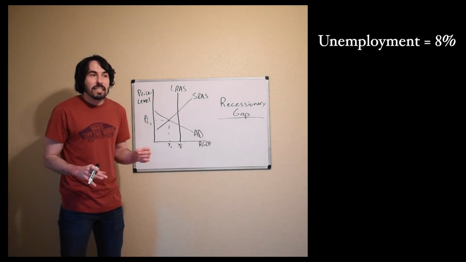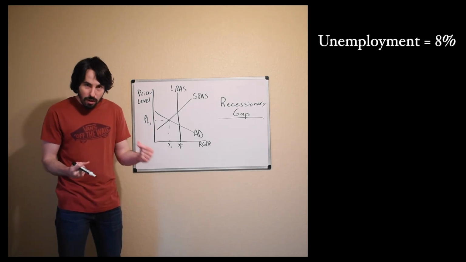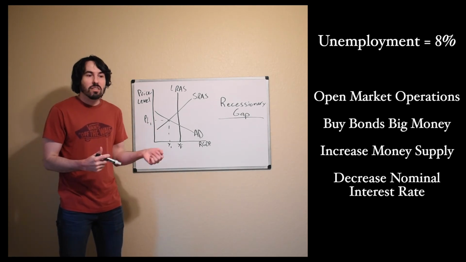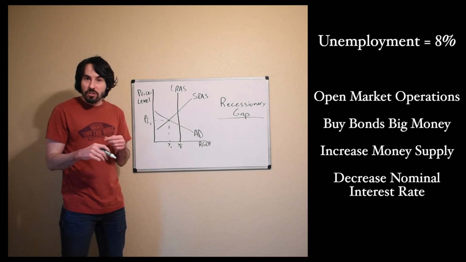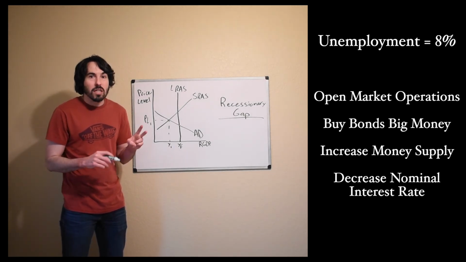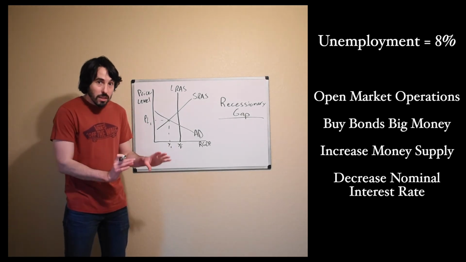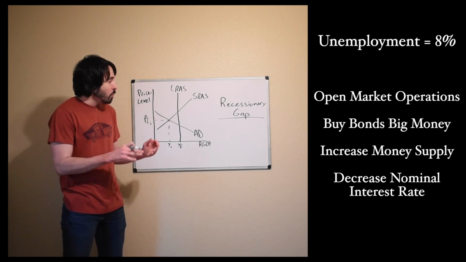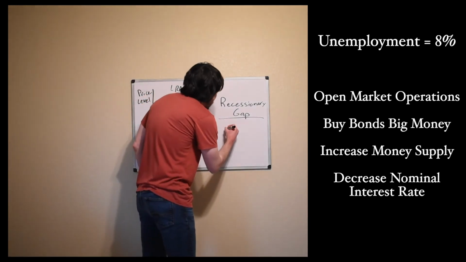And the question is asking, what open market operation will we use to fix this? With open market operations, you have two choices. Buy bonds or sell bonds. Buy bonds, big money. Sell bonds, small money. So what we need to do is buy bonds.